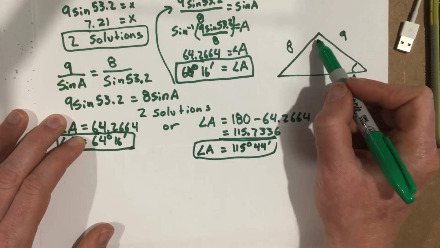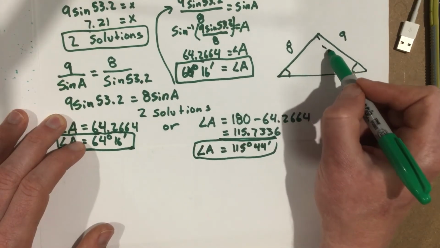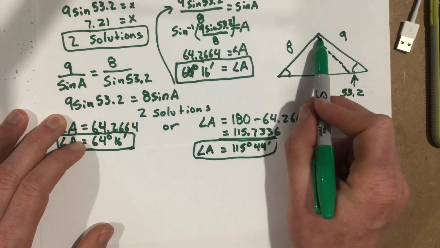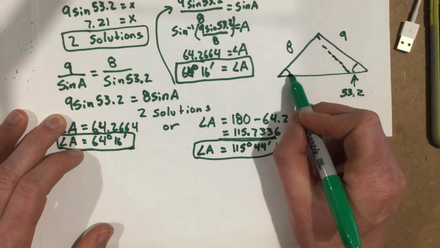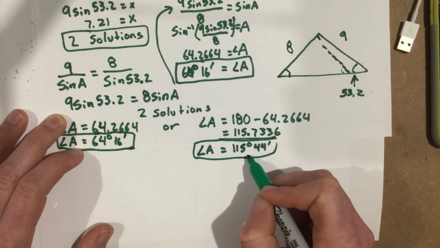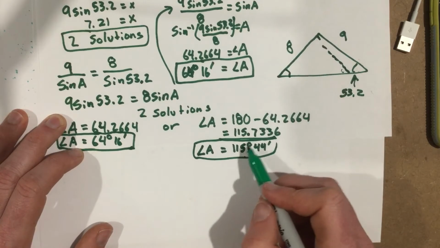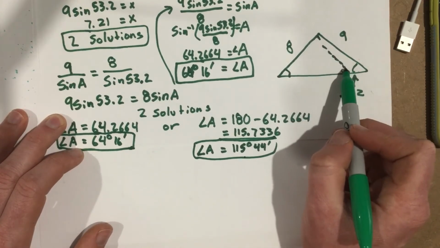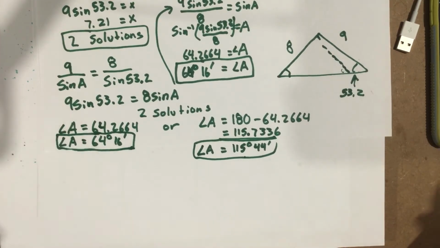This angle here is our 64, but remember, we could have this side be here, where this is 8 as well, and that means that this is 64, and this is our obtuse angle, which is the 115 degrees and 44 minutes. So that's why we do the 180 minus this: if we draw it this way, we don't want this inside angle, we want the obtuse angle, which is 180 minus that.